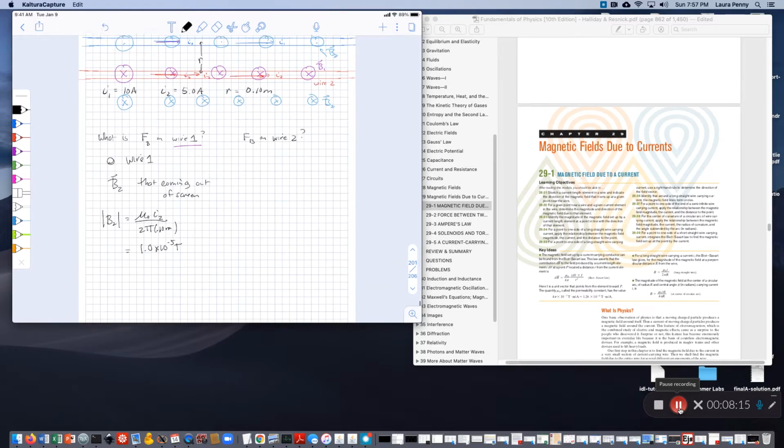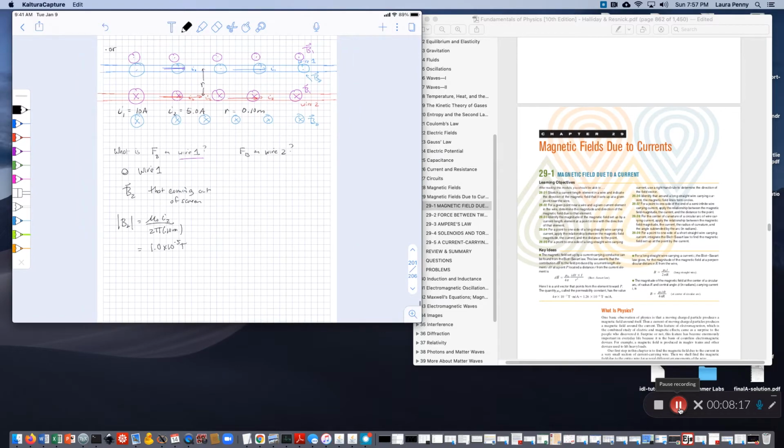So then the force on that wire, the force on wire 1 is IL cross B2. And let's say the lengths of these wires, let's say they're both 10 meters.